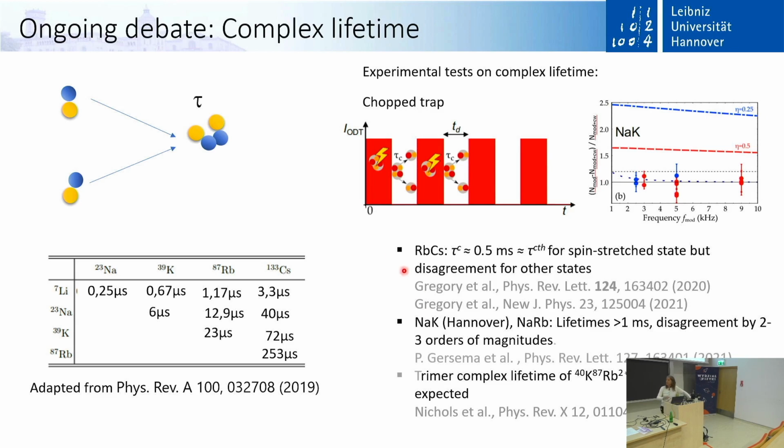Some experiments saw more or less an agreement with theory, in particular rubidium-cesium in one particular spin state, but all the other experiments observed far longer lifetimes of those complexes than predicted from this RRKM theory. Also the trimer, as observed in a potassium-rubidium experiment at Harvard, showed much longer lifetimes than expected from a simple theory.